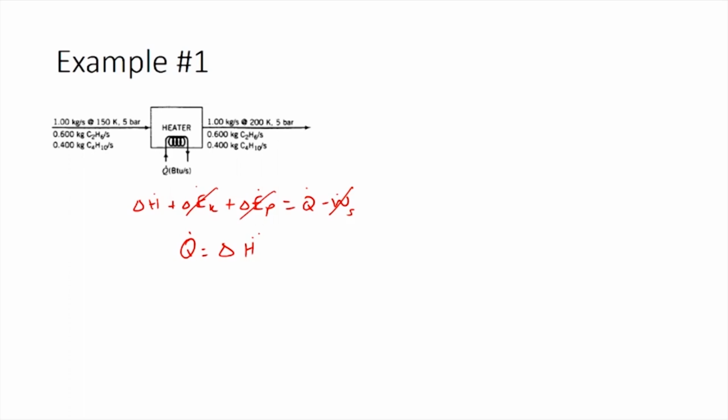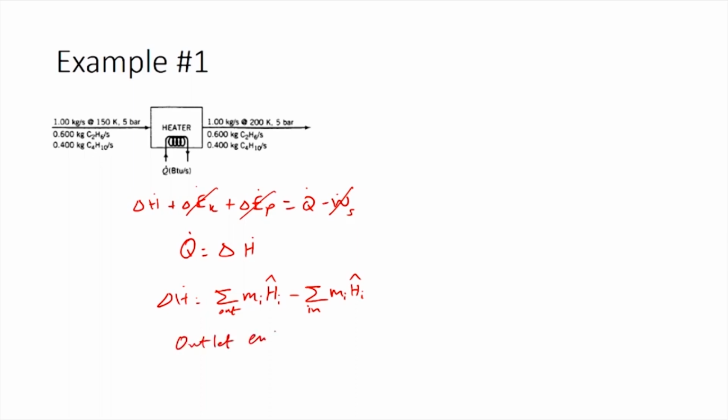So, this ΔH dot would be equal to sigma of Mi Hi-hat in the outlet minus sigma of Mi Hi-hat in the inlet. Now, let us calculate the outlet enthalpy.